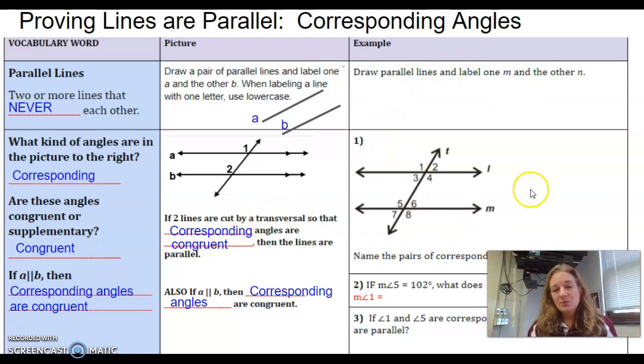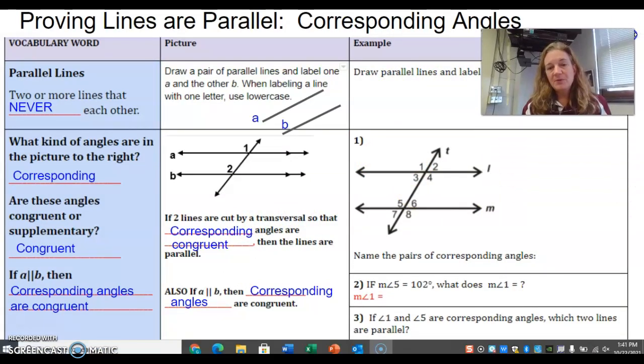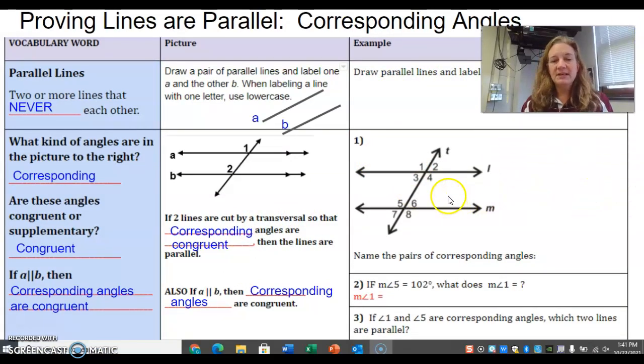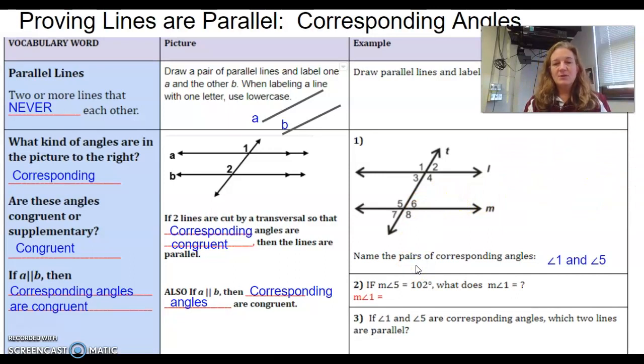So looking at this, I'm going to move this up here. We're going to name a pair of corresponding angles. I'm going to say 1 and 5 because 1 is in the top left, 5 is in the top left. They're in matching positions, okay? So I know they're corresponding angles, okay? And I know that L and M are parallel.